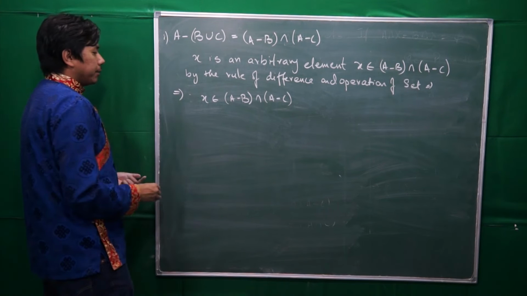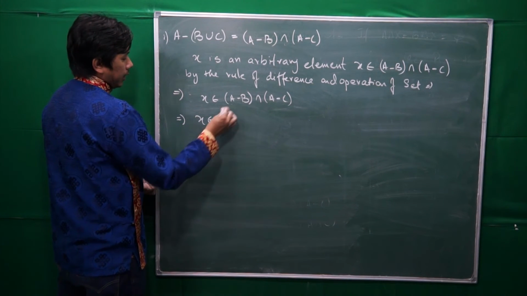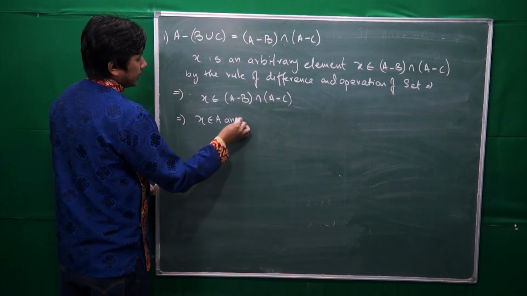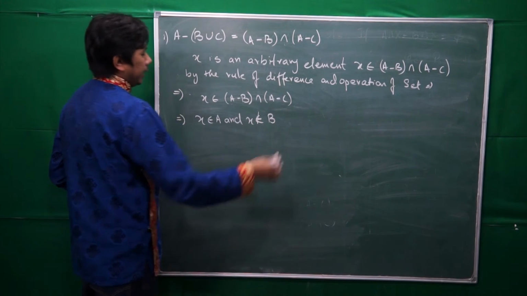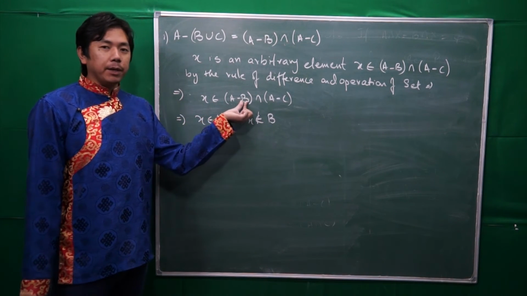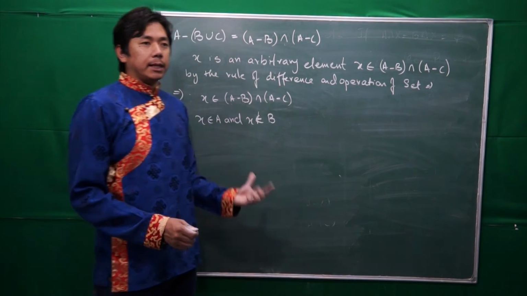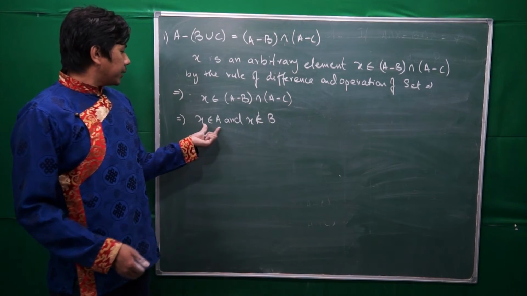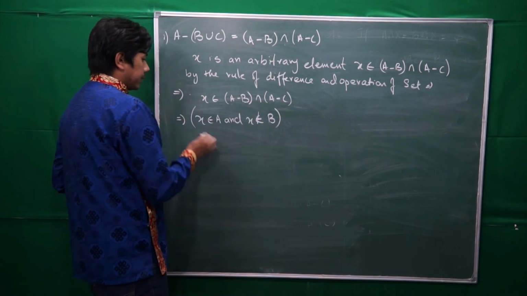This can be further broken down into X belongs to A and X does not belong to B. As you can see clearly over here, X belongs to A minus B. Minus B means the B elements are being removed from the set. So since X belongs to A and X does not belong to B, this is my first bracket.